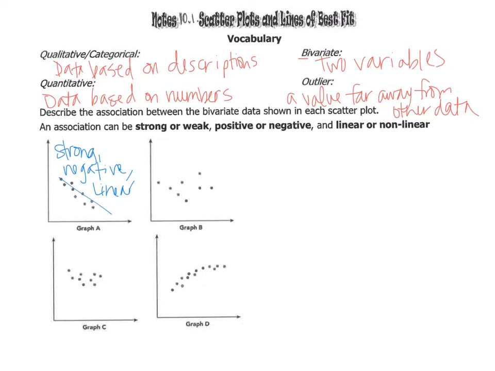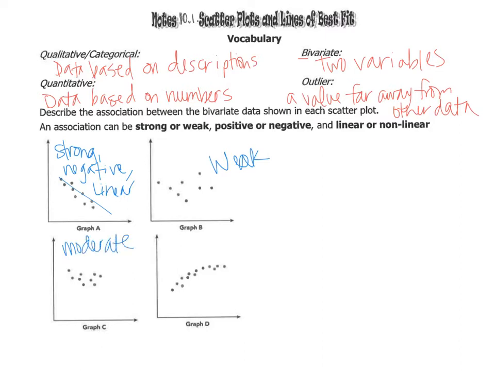Graph B, is that strong or weak? Well, it's weak. Once it's weak, we can't really determine whether it's positive or negative, linear or nonlinear. Weak just means that there's not enough information to determine the rest. Graph C, it's not really strong, but it's not really weak, so it's moderate.